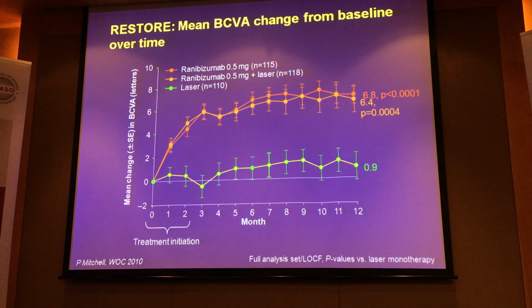It goes against our intuition, right? We think that maybe it would reduce injections, maybe you would have longer stability of vision, you don't need to give so many injections. But unfortunately, combination in DME has never been proven to be superior to anti-VEGF monotherapy.